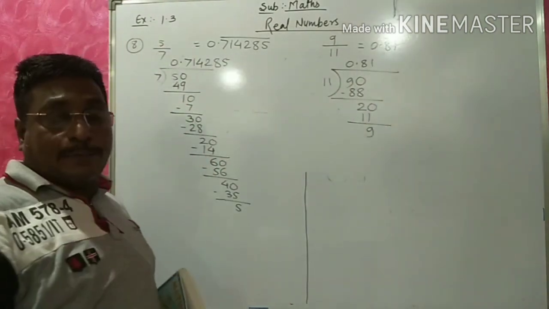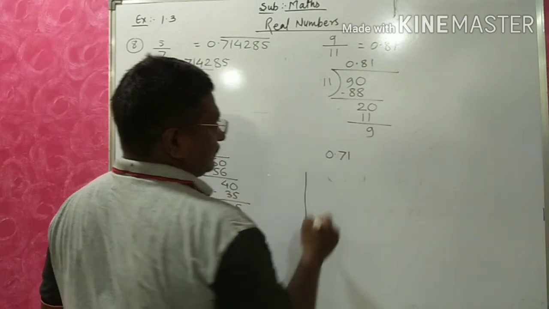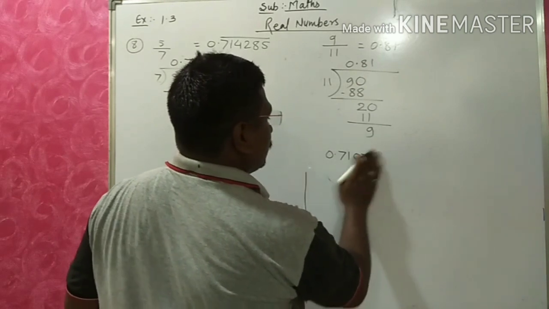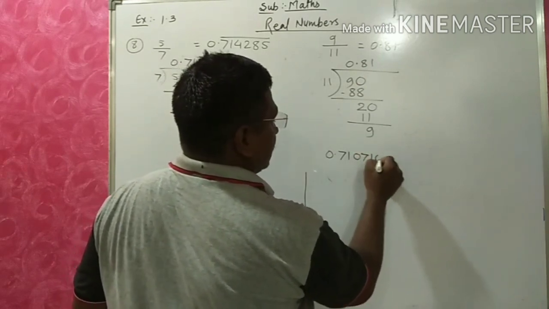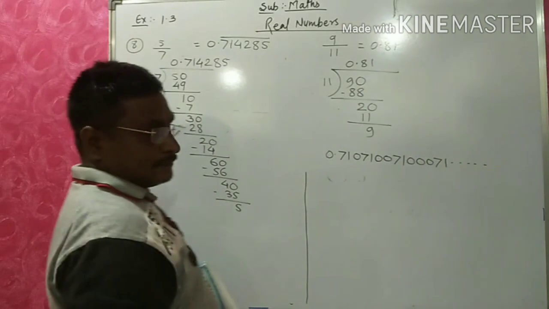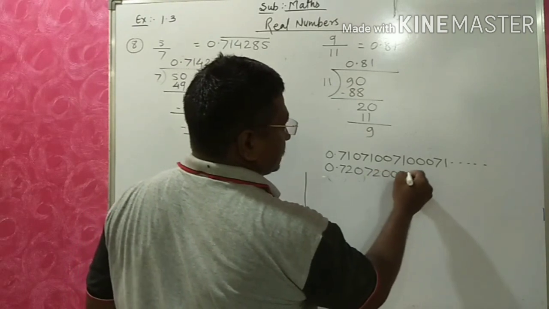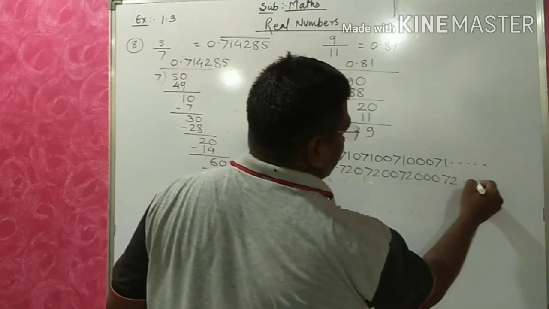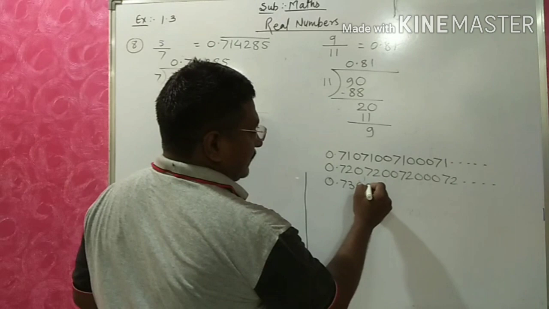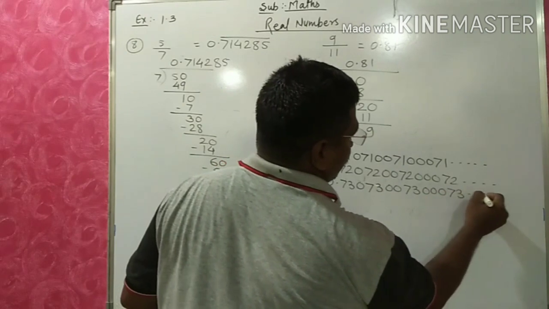In between, we need 3 irrational numbers. 0.71, 0, 71, 0, 71, 20, 71, 30, 71, dot, dot, dot. 0.72, 0, 72, 00, 72, 000, 72, dot, dot, dot. 0.73, 10, 73, 20, 73, 000, 73, dot, dot, dot.